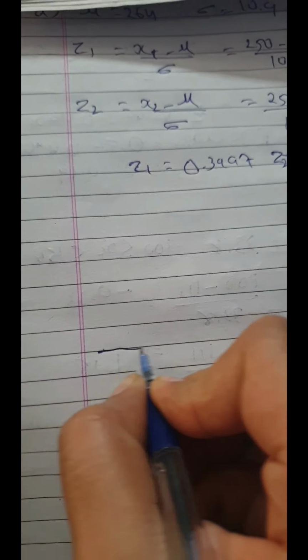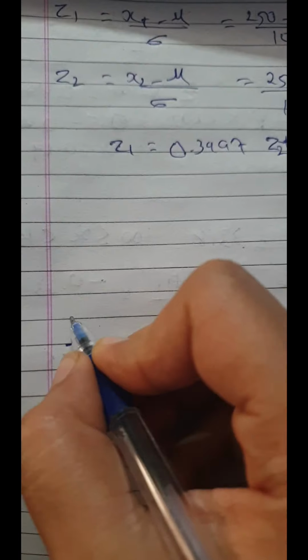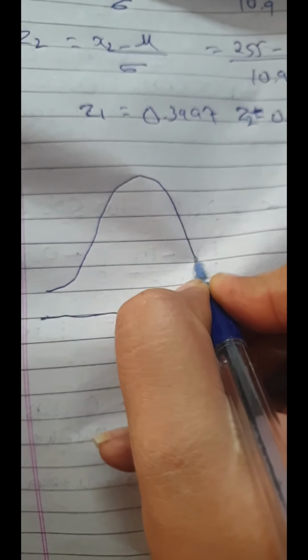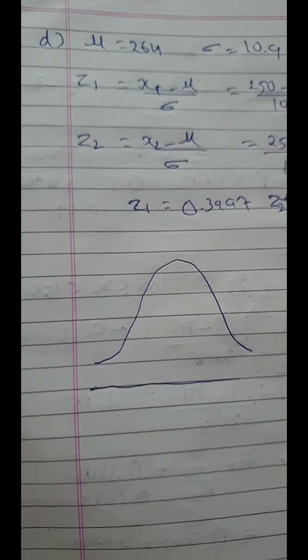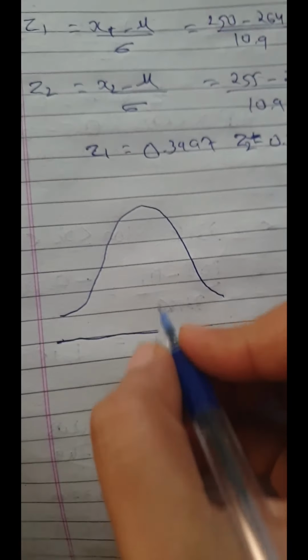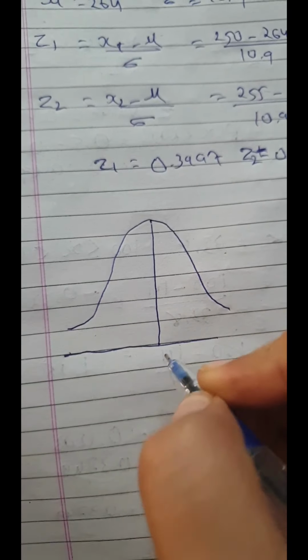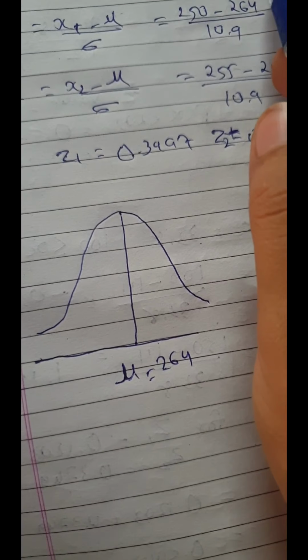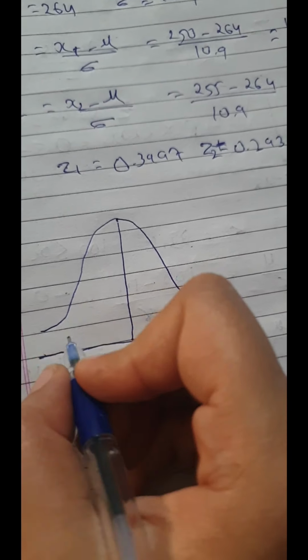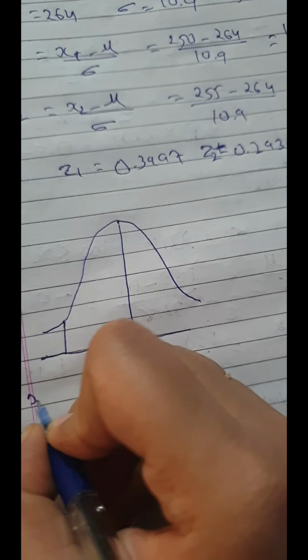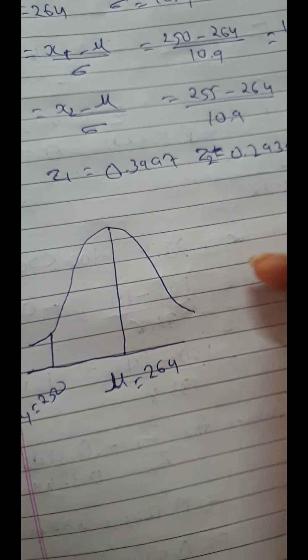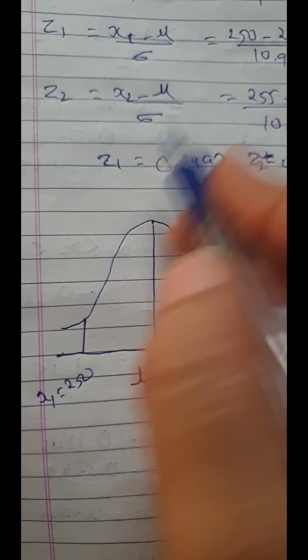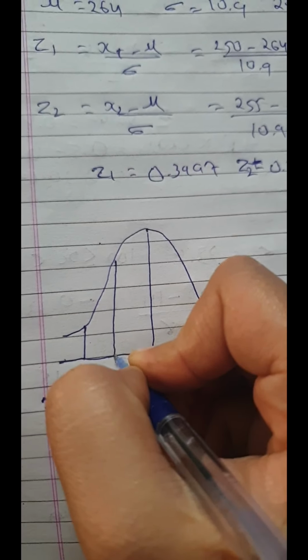Now let's make our normal distribution curve. This is our mu, mu equals 264. Now x1 is 250, it means it will be on the left side. x2 is 255, again it will also be on the left side.